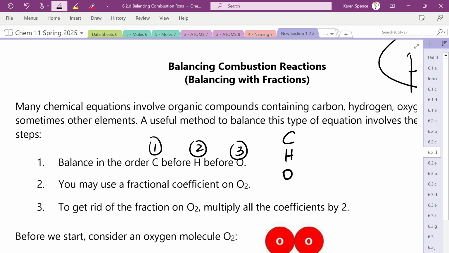Now, we're going to try fractions here. The reason I'm having you try the fractions is because if you learn this method, it is a powerful tool not only for combustion, but also for some other reactions where you can be sitting there pulling your hair out, and if only you could use a fraction, life would be so much easier.